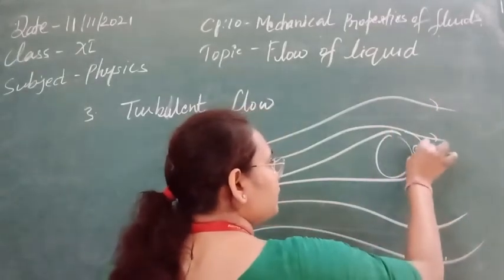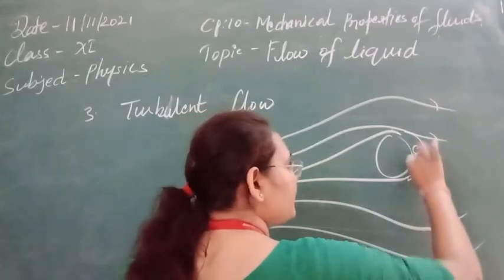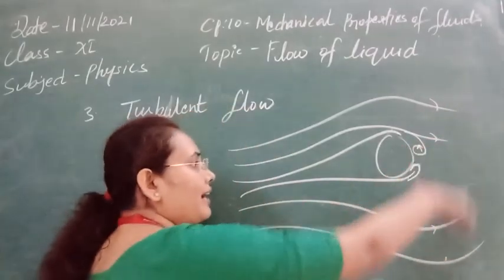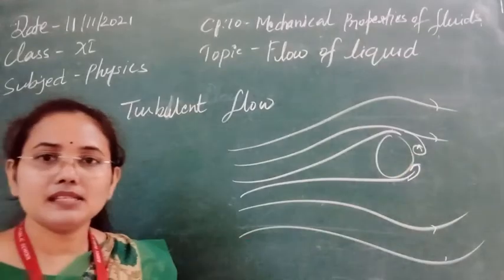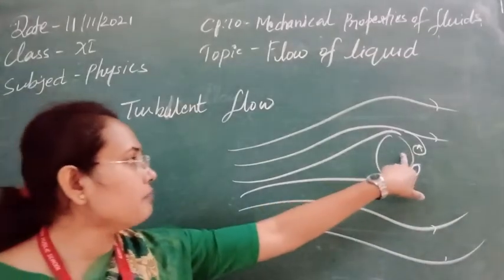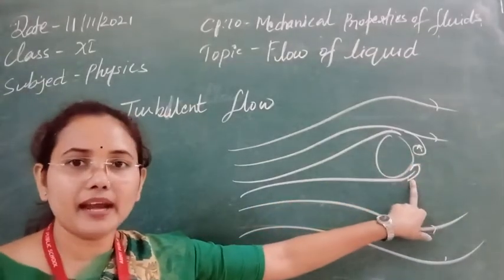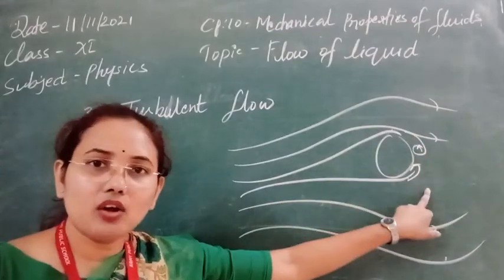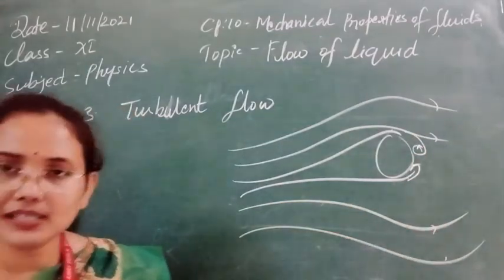It will start to move in this other way, and it will also retard the motion of the other layers. So due to the obstacle, turbulence starts to be created, and the order of the flow of the liquid starts to change.